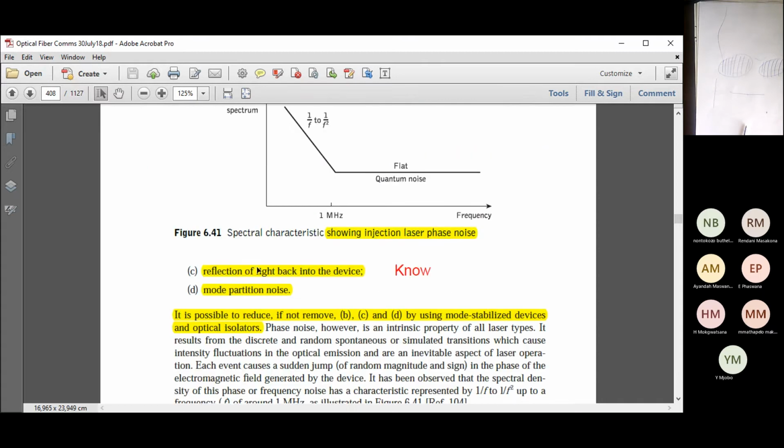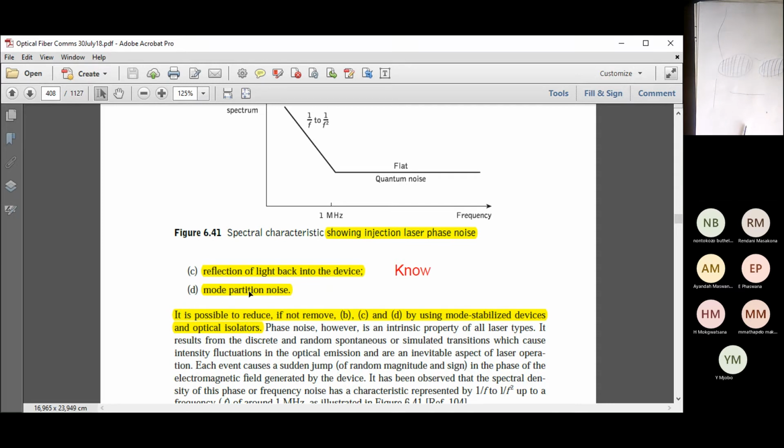Also, there's reflection back into the device. I told you that the Fresnel lens on the fiber doesn't allow all of the light. Some of that light bounces off and comes back into the laser, and then it makes the laser not work.